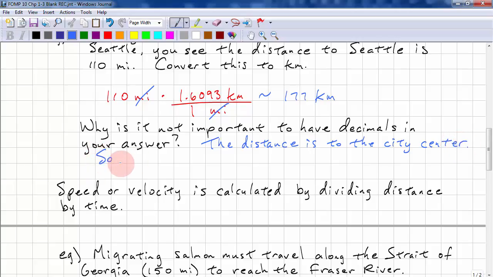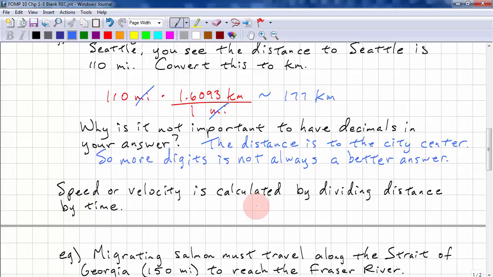So more digits is not always a better answer. Not everybody's traveling to the city center. They just want to get to somewhere in Seattle. And this is a close enough approximate.